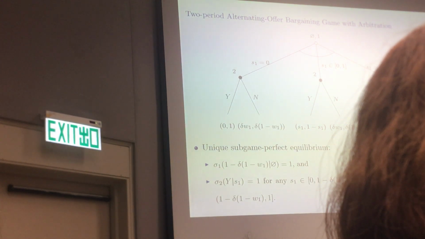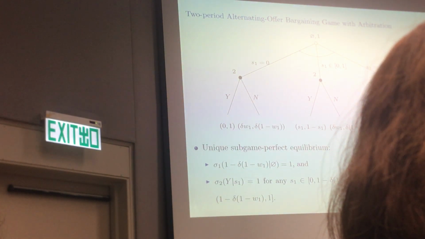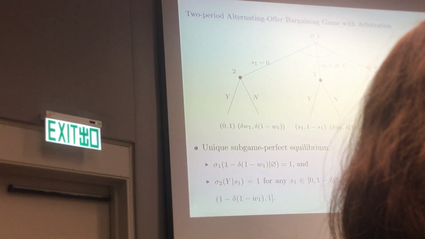So that's the idea of backward induction. You first analyze what happens in the last period, and given that you can simplify what happens in the second to last period, etc.